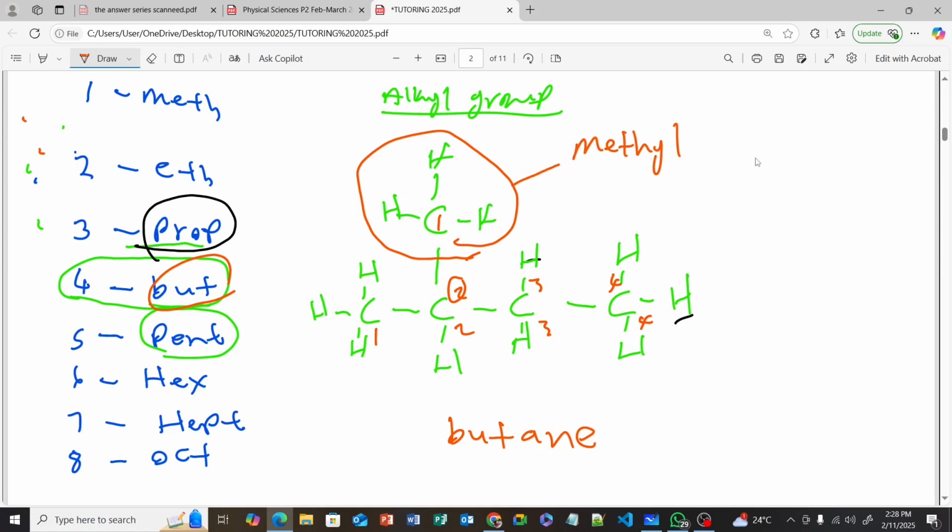Remember, 2 is eth. So we are going to call that one ethyl. But in this case, we are not dealing with ethyl, we are dealing with 1. So at position number 2 dash, what do we have? We have a methyl. So the full name will be 2-methyl butane.